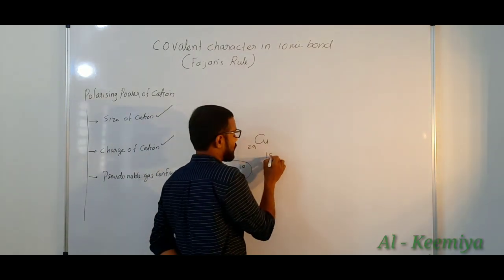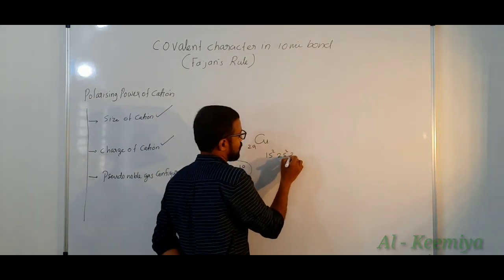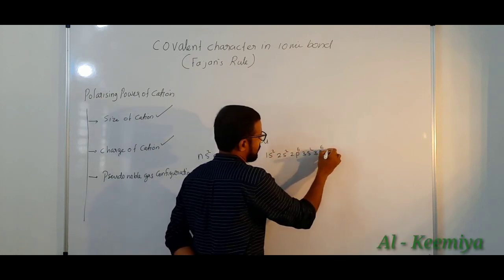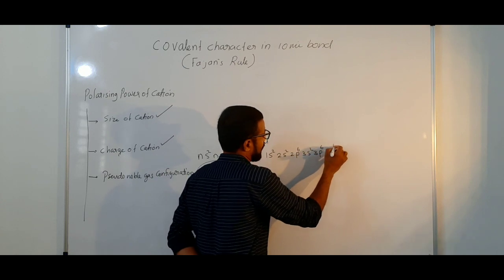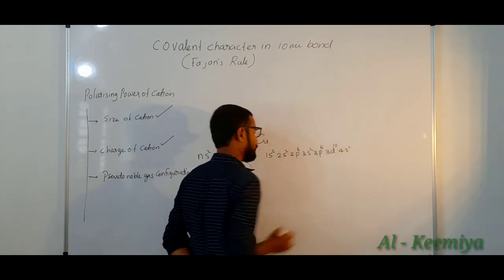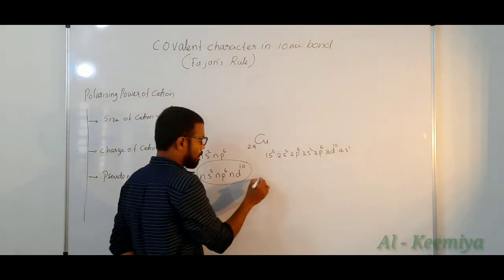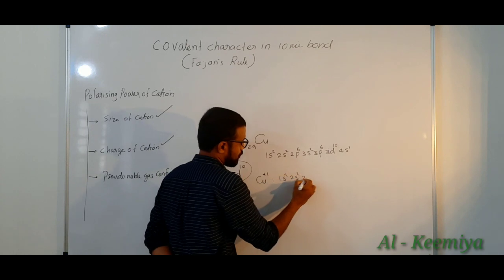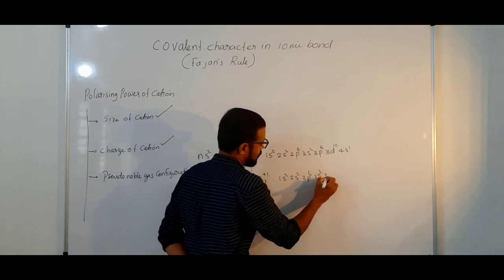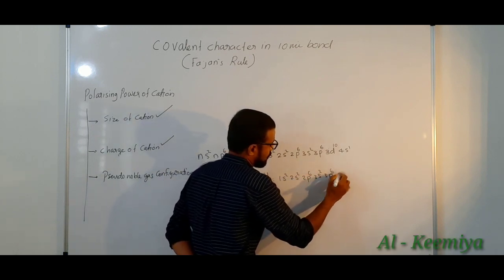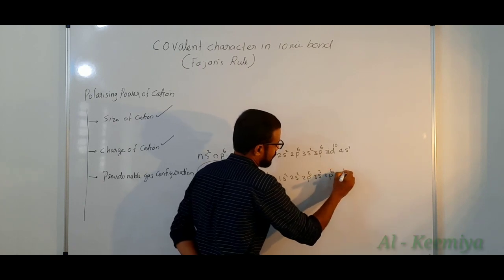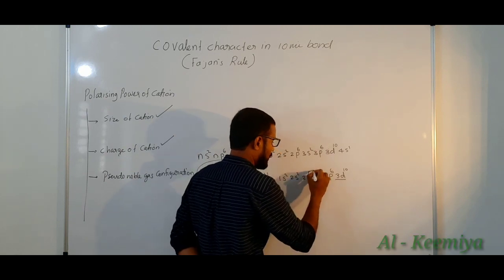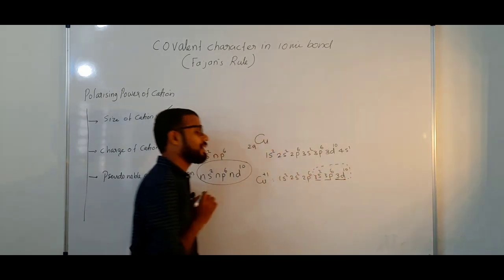Electronic configuration, we know, is 1s2, 2s2, 2p6, 3s2, 3p6, 3d10, 4s1. In copper +1, it will be 1s2, 2s2, 2p6, 3s2, 3p6, 3d10. That means ns2, np6, nd10. You can see here ns2, np6, nd10.